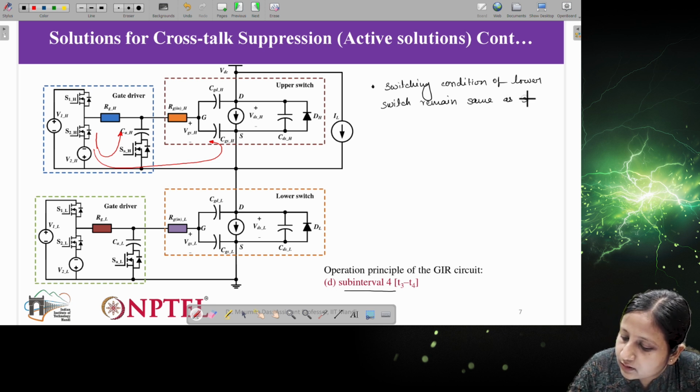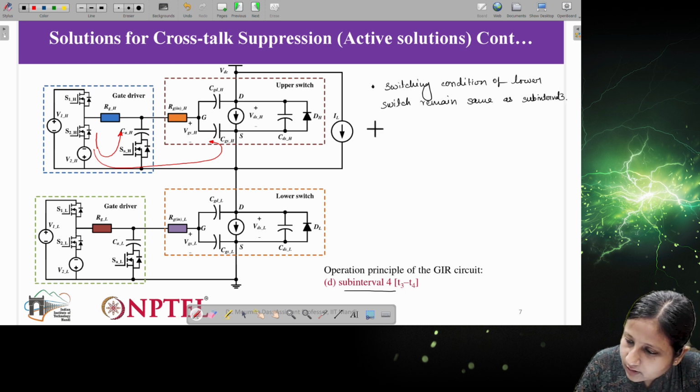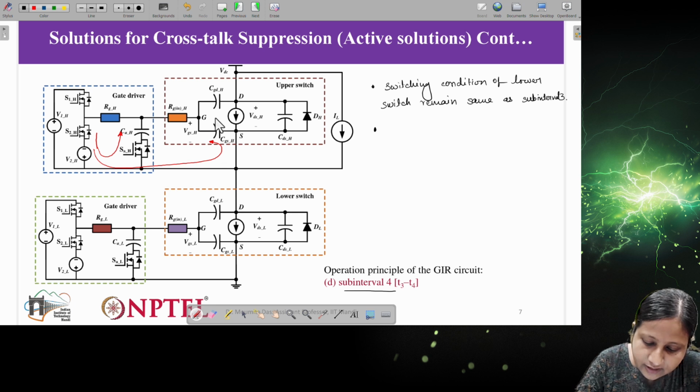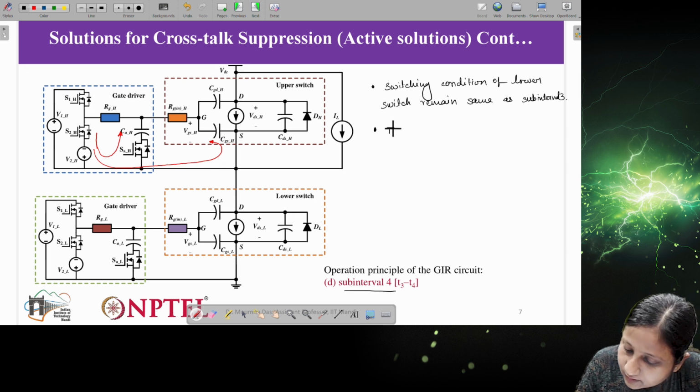Now, this negative power supply, as I have shown in the upper switch, the supply V2H, is basically the negative supply here.